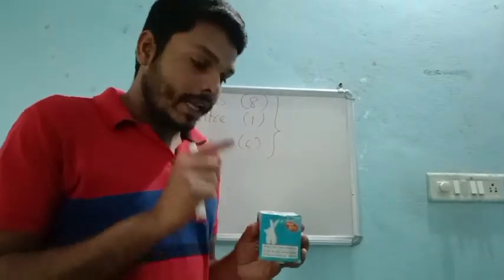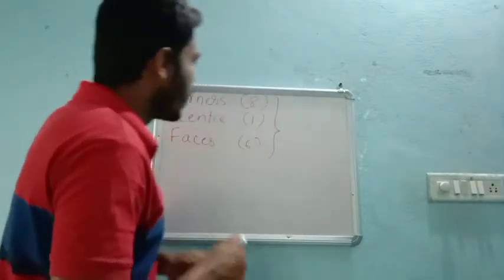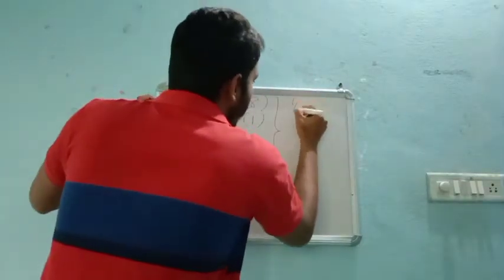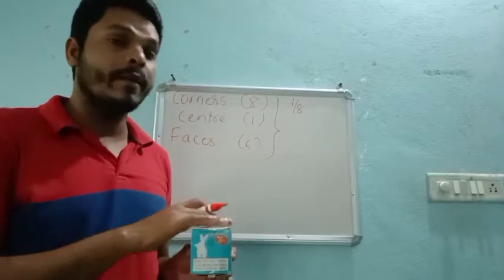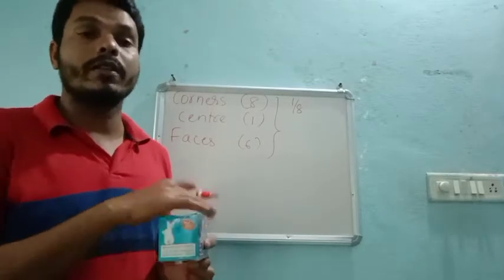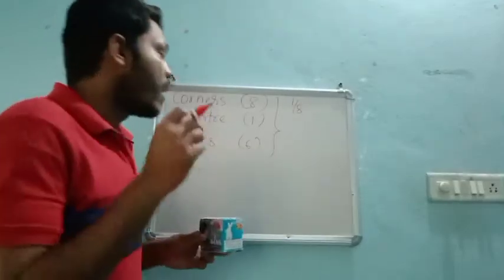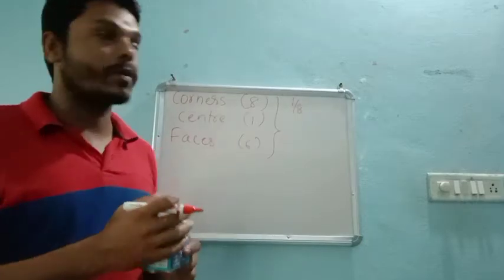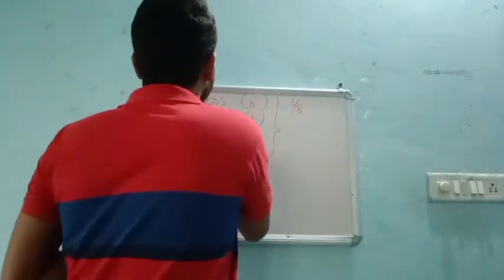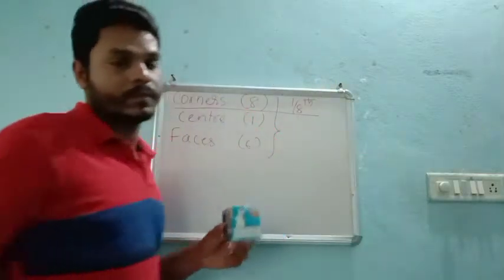That means each of the 8 corner atoms depends on all the other corner atoms. If I remove one, definitely this cube or this box will not form. So that's why the corner atom contribution will be 1/8, right?